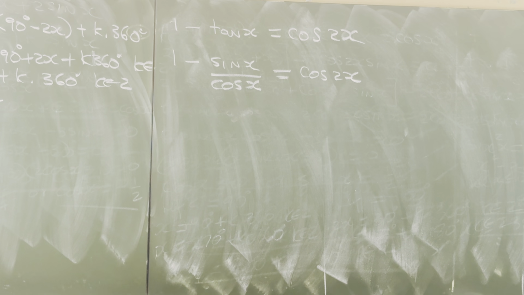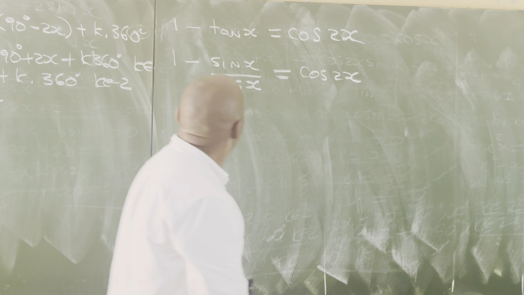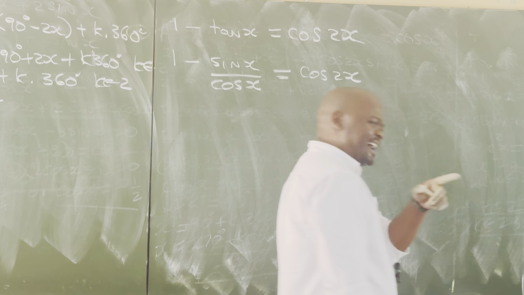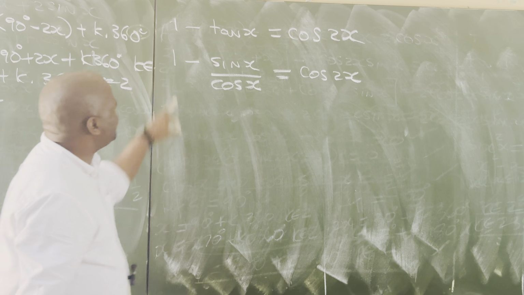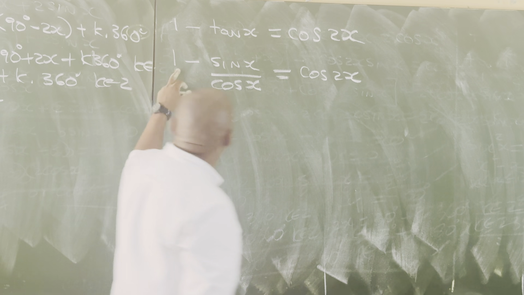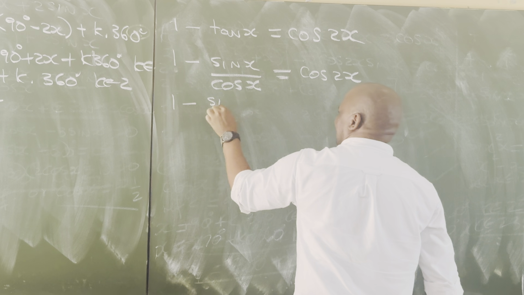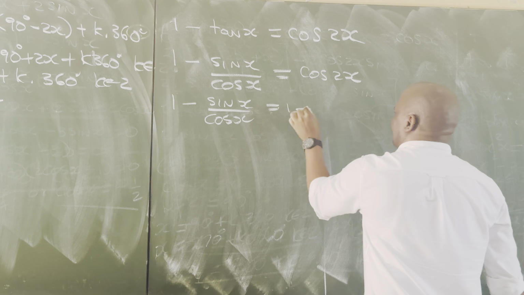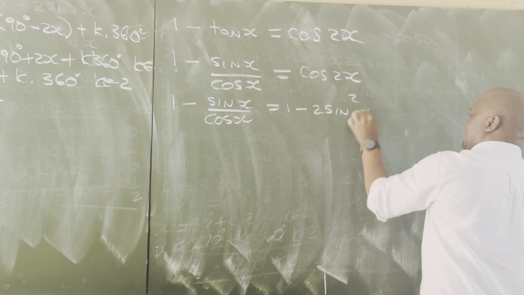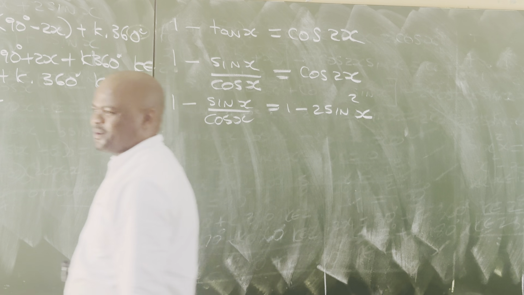Where are we changing cos 2x to? Sine. Why sine? Why 1 minus 2 sine squared x? Because this will cancel out to 1. Very good. So we have 1 minus sine x over cos x is equals to 1 minus 2 sine squared x. And then 1 is out.